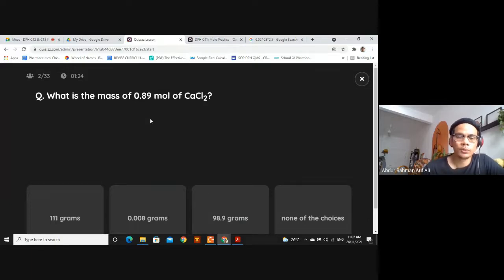So what do you need to do with the 0.89 mole? These are the answer options. You have more than 1 minute. Try to answer, whip out your calculator, or you can use the Google calculator like I do if you don't have one. Write down 0.89 mole and calcium chloride, CaCl2. There's a reason why I gave CaCl2 here. What do you need to do with CaCl2?